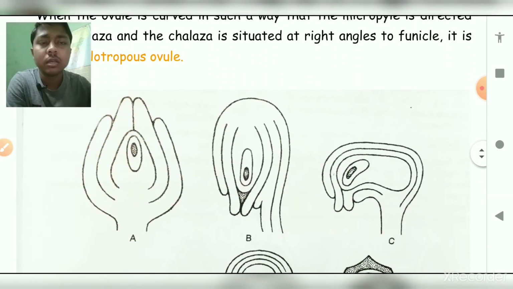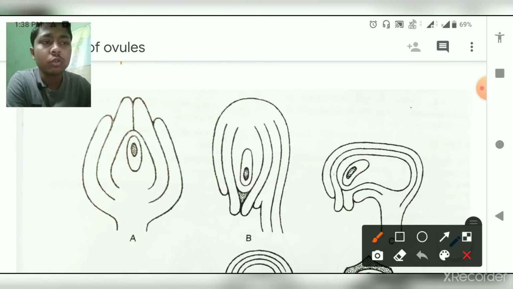Basically, A indicates the orthotropous type of ovule. When we discussed the parts of the ovule, we already discussed the funicle, micropyle and other parts. I hope you all know what the funicle is, but I show you again for better knowledge.